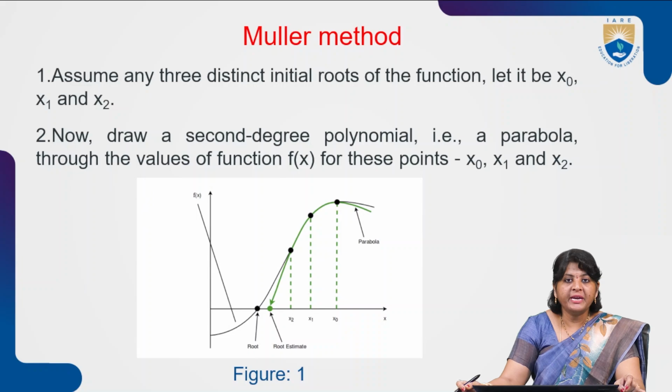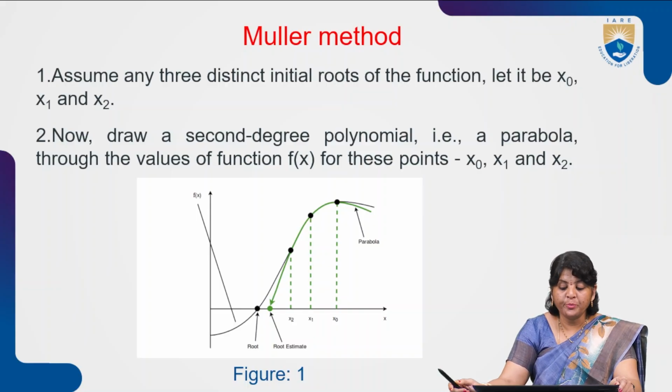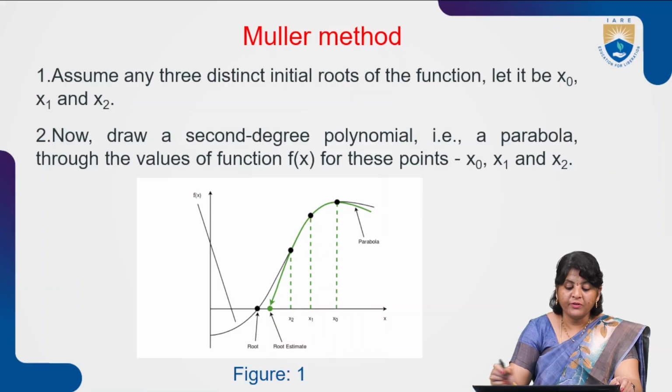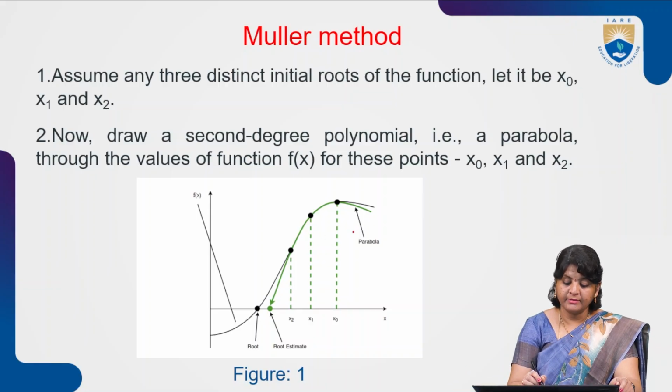Now here, assume any 3 distinct initial roots. The initial guesses can be chosen as per the conditions. Let them be x0, x1 and x2. Now draw a second degree polynomial, that is a parabola, through the values of the function f of x. For this, we will calculate f of x0, f of x1 and then f of x2.